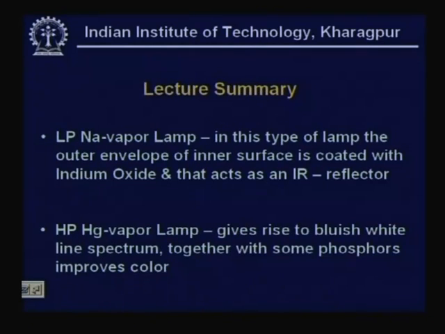High pressure mercury vapor gives a bluish white line spectrum, and sometimes in order to get good color rendering, here again I must reiterate that color rendering was a little better than sodium vapor as far as mercury vapor goes.